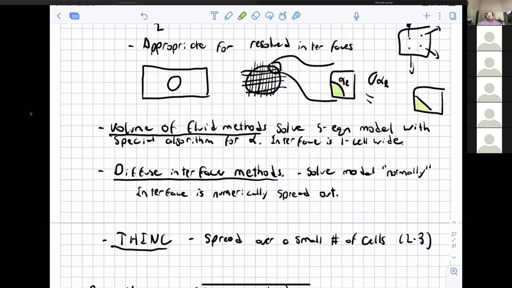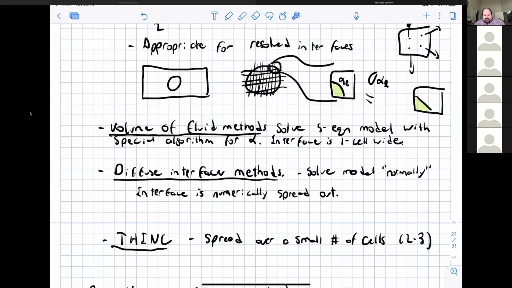That allows you to more precisely define the volume fraction at the cell edges, and so you can move around the different phases far more accurately. And the algorithm is also defined to keep the interface sharp.